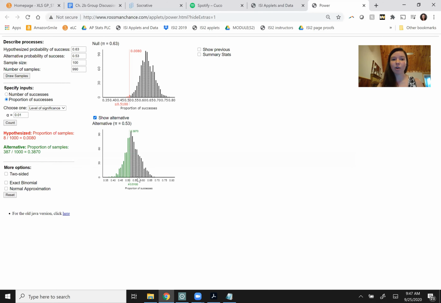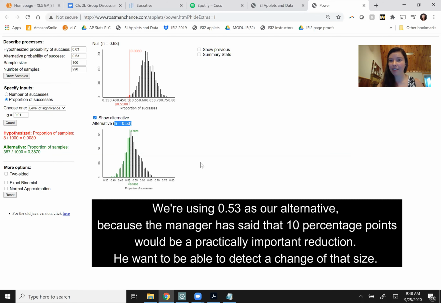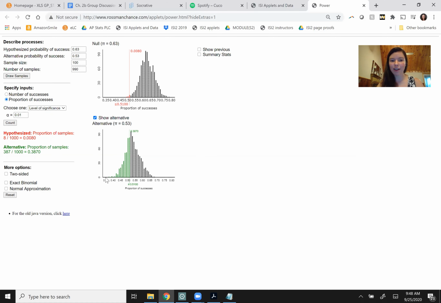This is still 1,000 samples, but this is 1,000 samples assuming that the parameter was really 0.53. And we're looking to see how often in that case the value was low enough for us to reject the null. The null really is false. It's 0.53, so it really is lower than our null hypothesis value.